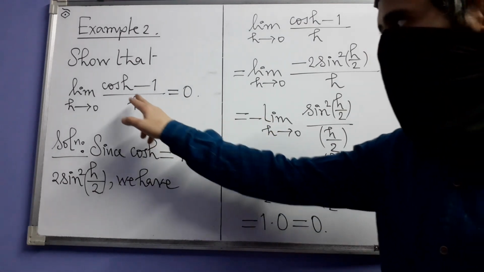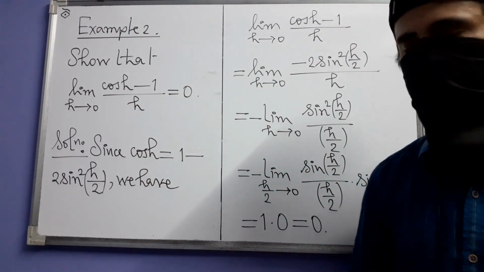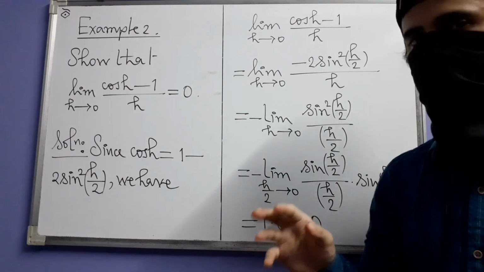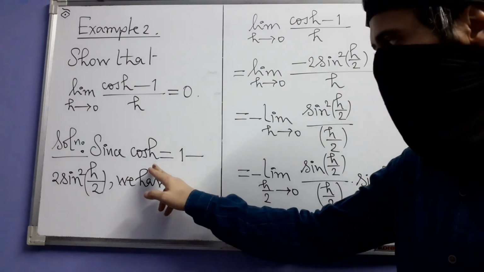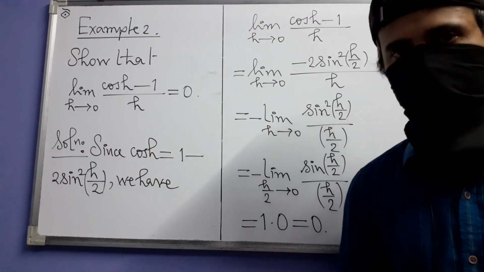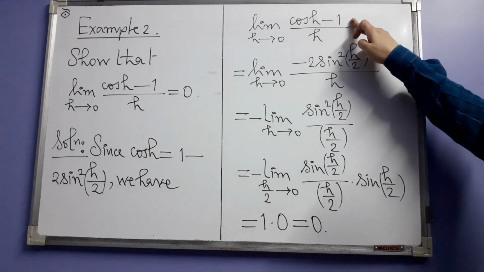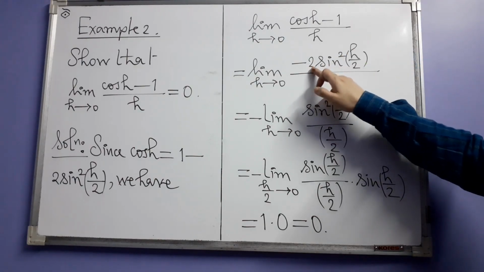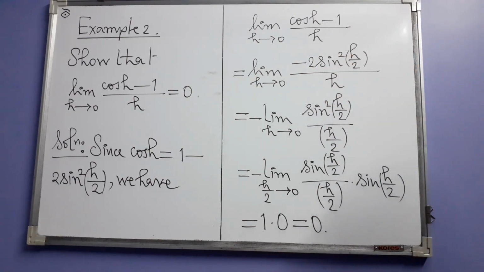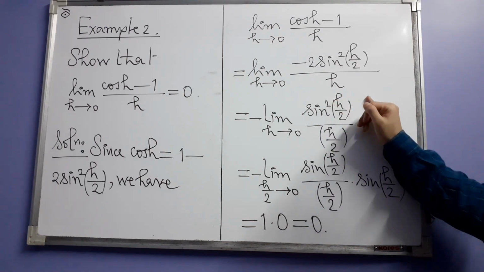So what we do, we use this half angle formula from trigonometry to turn this cosine into sine. We know that cos h is 1 minus 2 sine square h divided by 2. And as such, in place of this numerator, you have minus 2 sine square h divided by 2. And you have h in the denominator, of course.